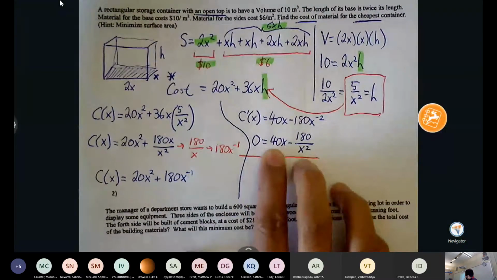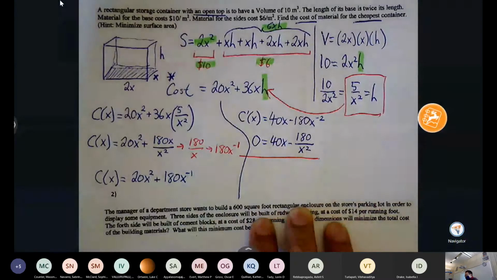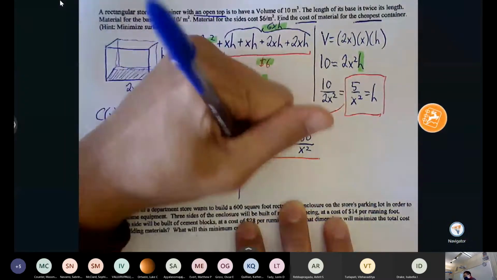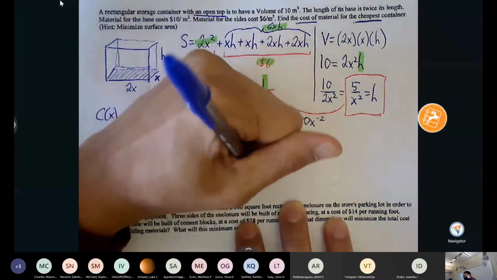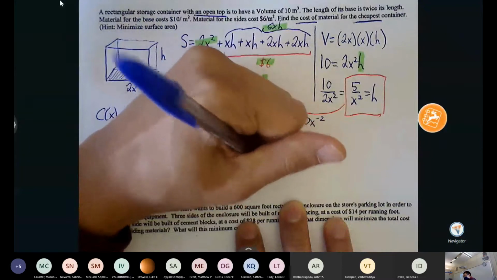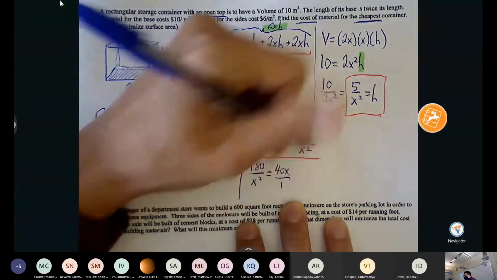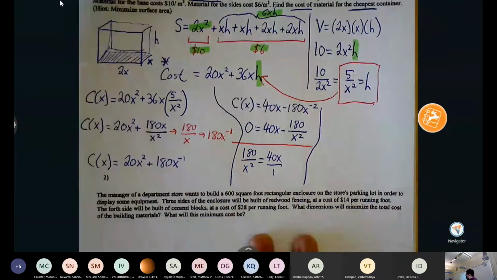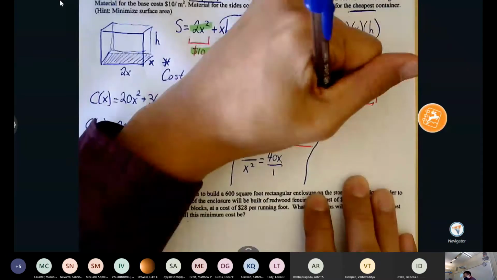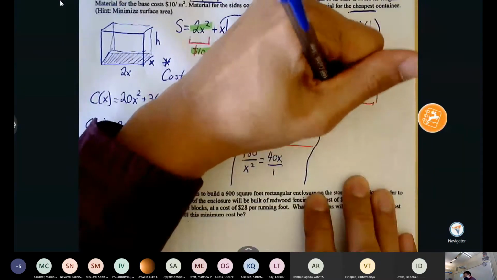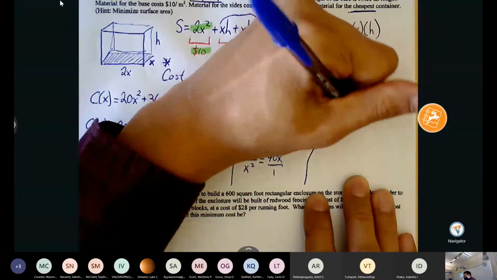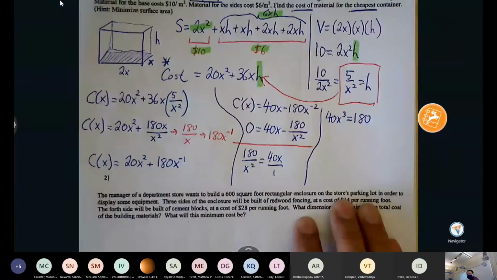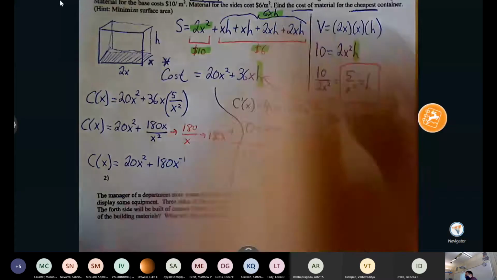Okay, so solving for x. Cross multiply. Divide both sides by 40.